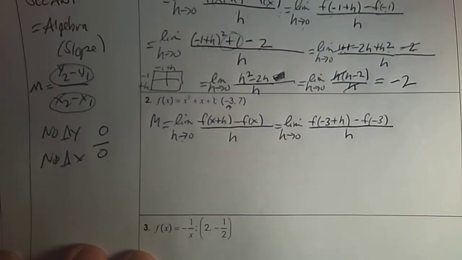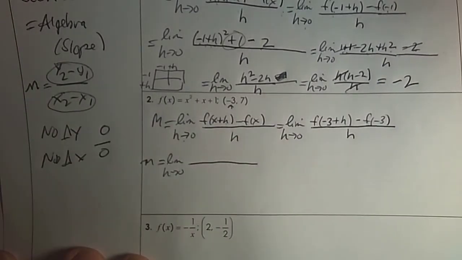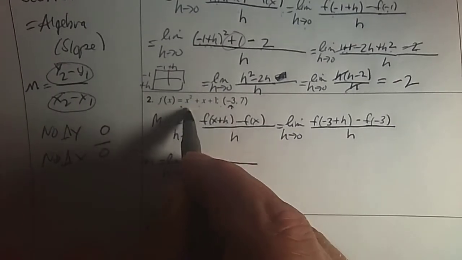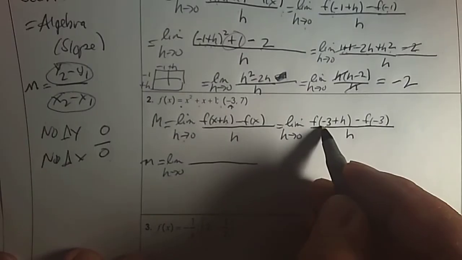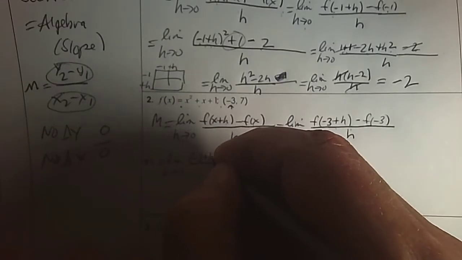So I'm going to put in the x coordinate, negative 3. Now I need that function, and I need to do some algebra. So to do this algebra, I have a function x squared plus x plus 1. So take out the x and put in negative 3 plus h.